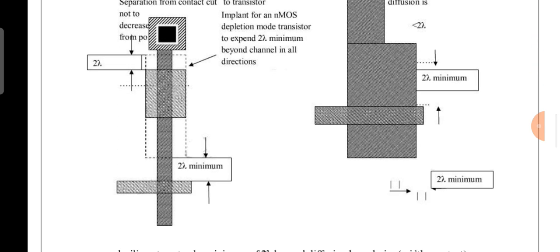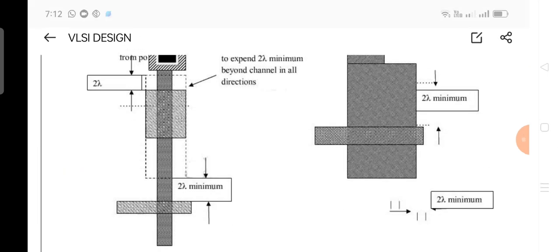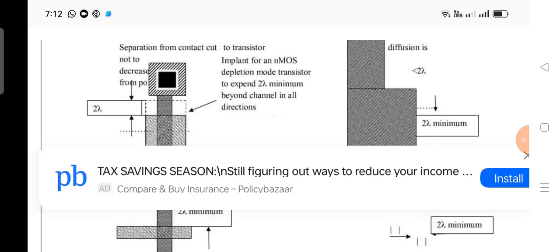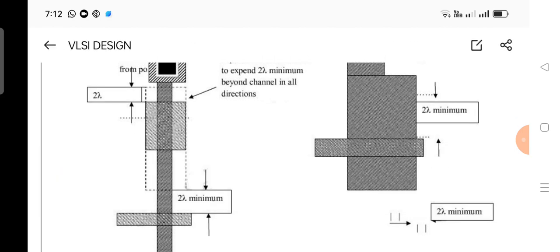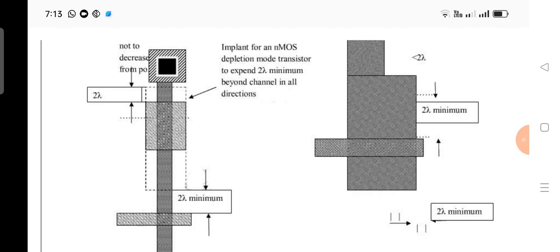The minimum spacing between the transistor channel and your implant in all directions should be 2 lambda. And the boundaries of polysilicon should be 2 lambda.